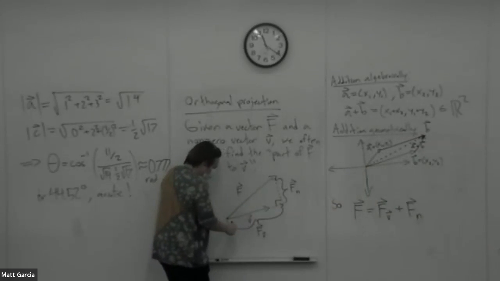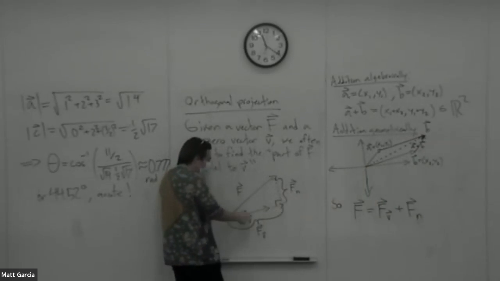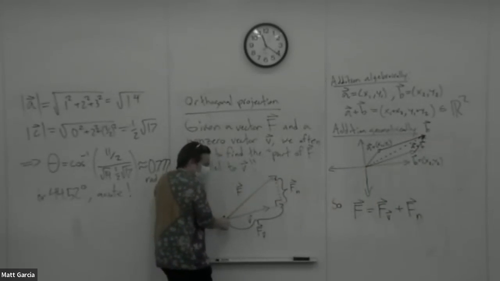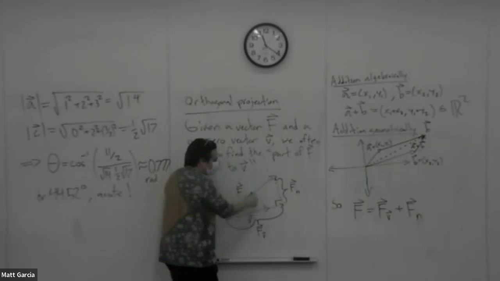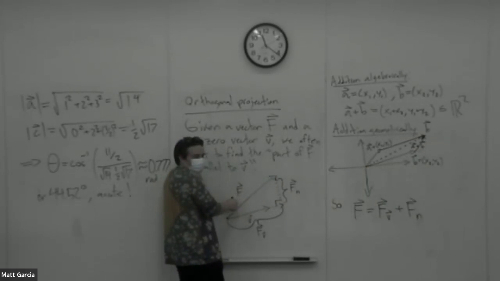In this picture, F hat sub B hat and F hat sub N are already tip to tail. So when I connect the tail of the first thing to the tip of the second, I get back F.